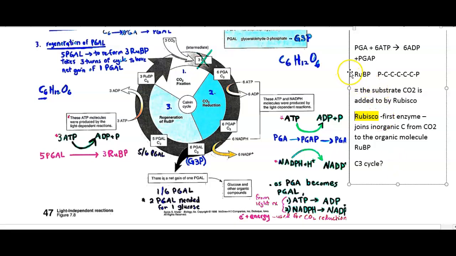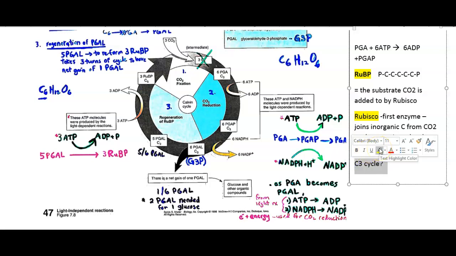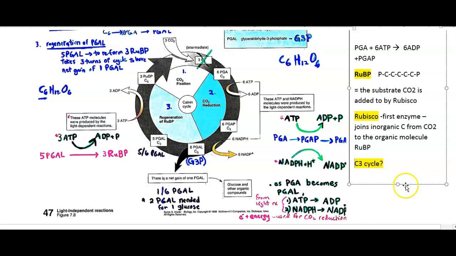So RUBP, you should know that it has 5 carbons. And this is the substrate that Rubisco is going to add the carbon dioxide to. And remember, another name for the Calvin cycle, the light independent reaction, the dark reaction, is the C3 cycle.